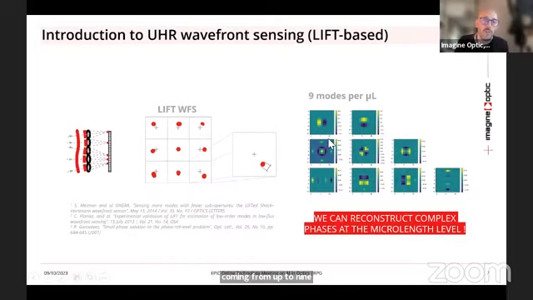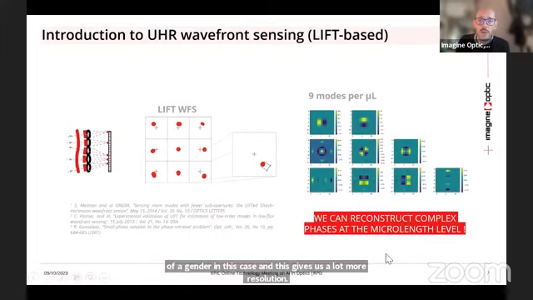Here on the right, we are able to linearize all the aberrations and reconstruct a complex phase at the size of the microlens. So instead of two modes, we have nine Legendre coefficients in this case, and this gives us a lot more resolution.